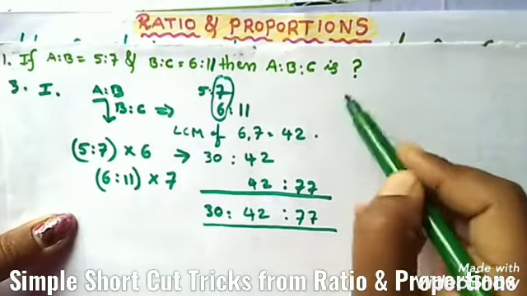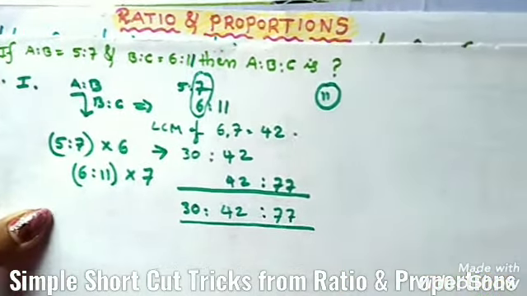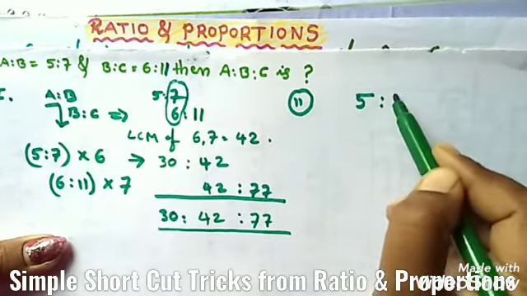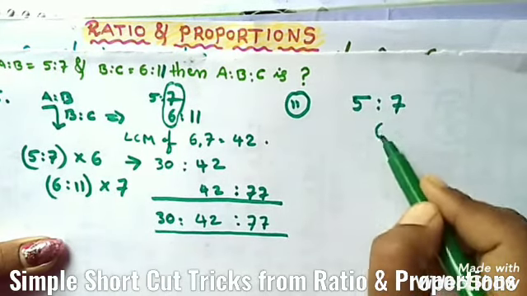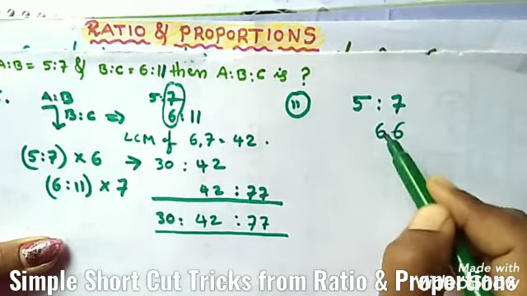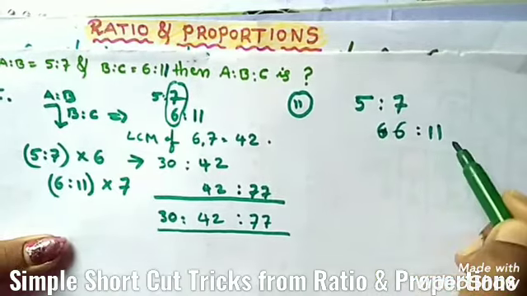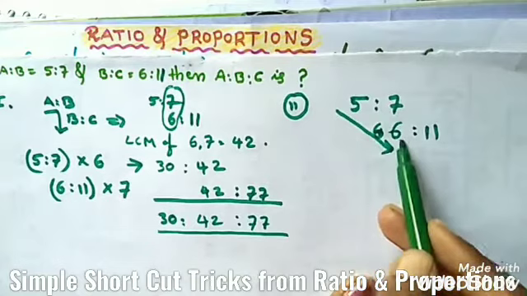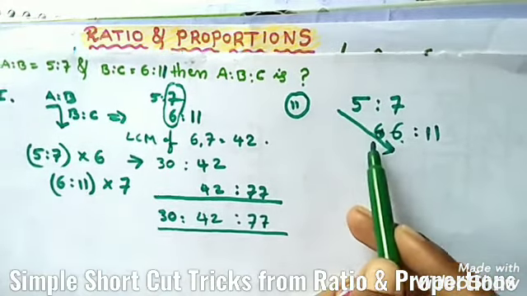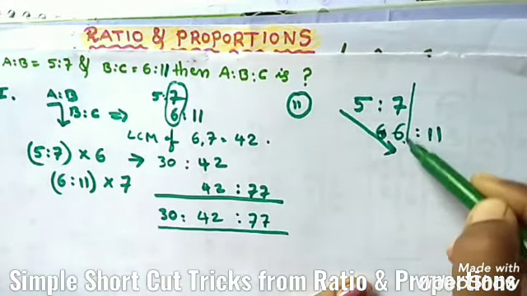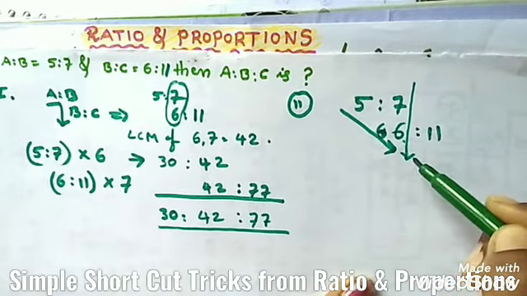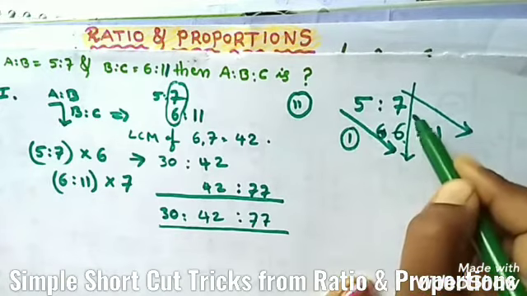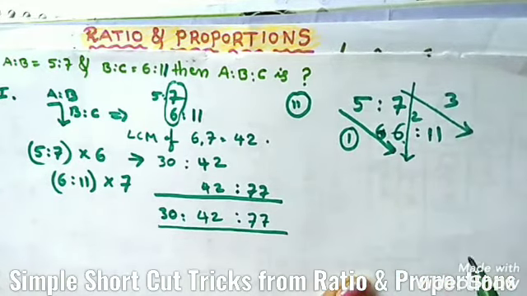And in trick number 2, directly you can write like this, 5 is to 7 and 6 is to 11. Now you have to multiply in this pattern. 5 into 6. Again, this is the second step, you have to multiply, and again this is the third step, you have to multiply. Step 1, step 2, step 3.